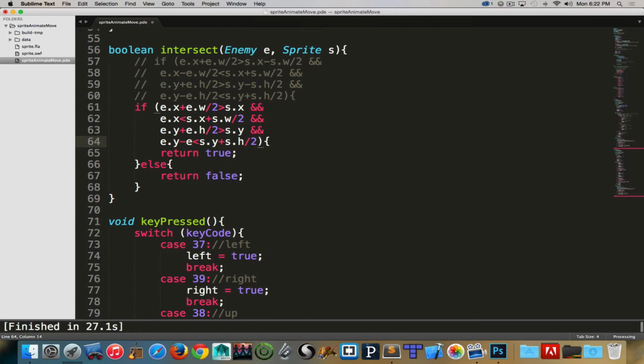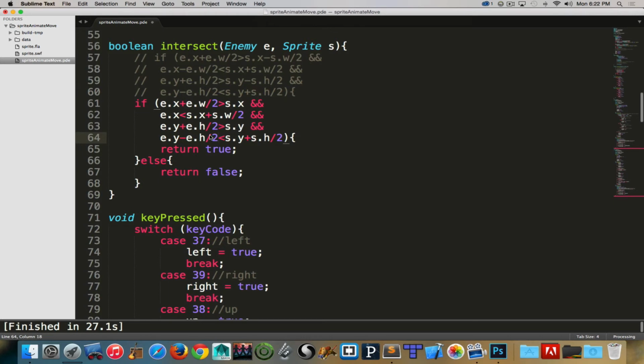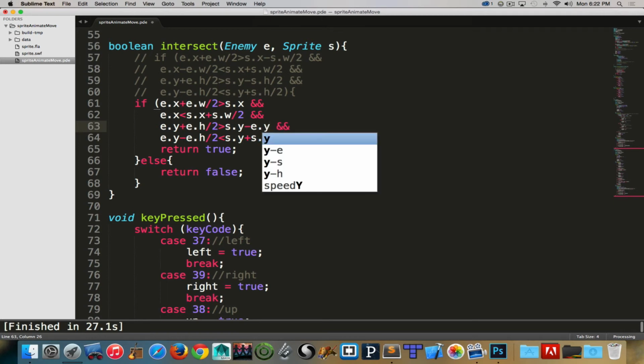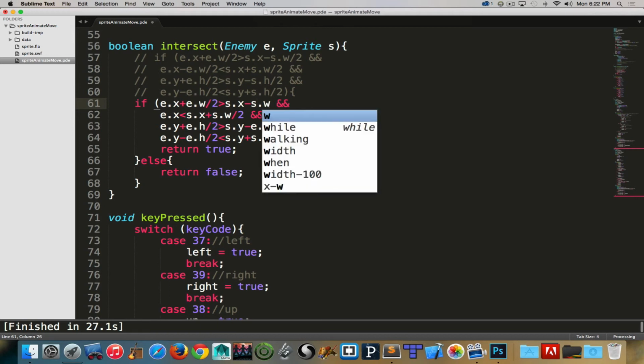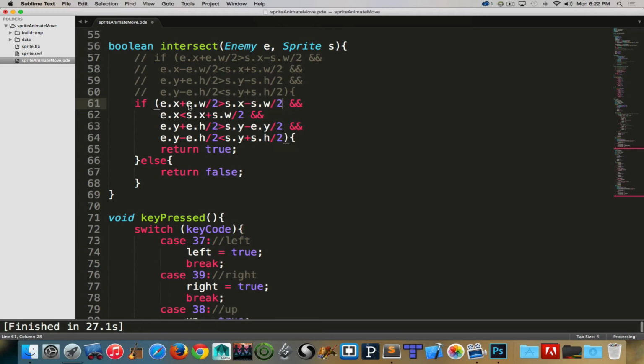In this case, for y's, they will all be heights. And for x's, it's all going to be widths. I'll make sure it's minus 2, not minus 2.5. And that should be a height. Oh, and that's not an E, that's an S right here.